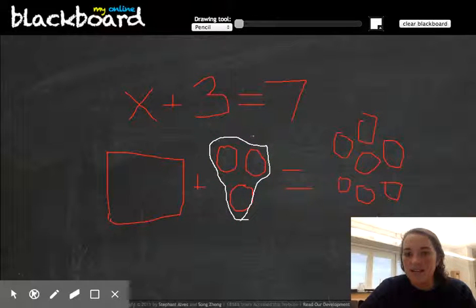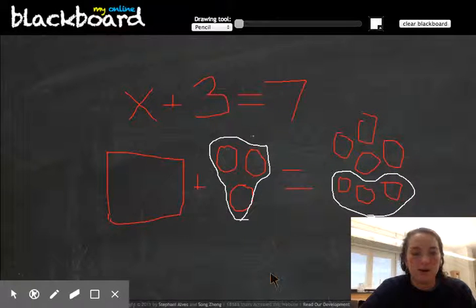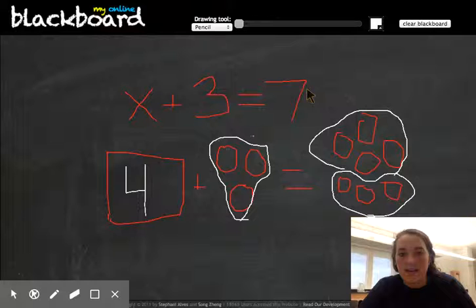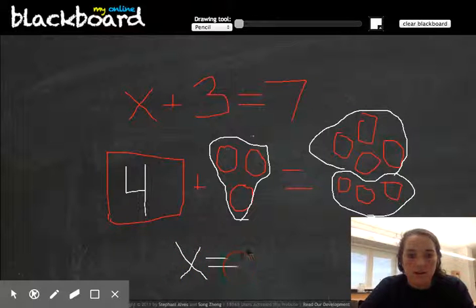In this, I still see the 3 cookies that we added to our original amount. So what's left over is the 4. So we have to start with 4 in order to get 7. If we start with 4, we add 3 more, we'll end up with 7. So that means that x, our unknown number, is going to equal 4.